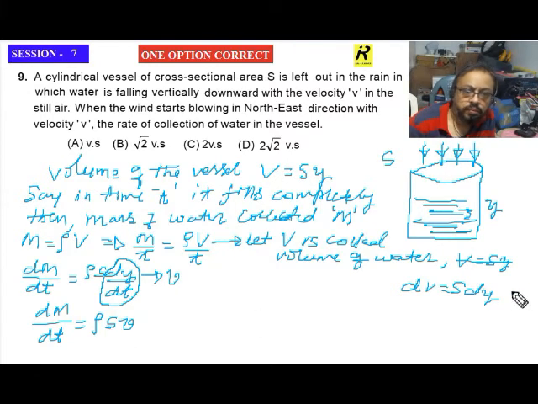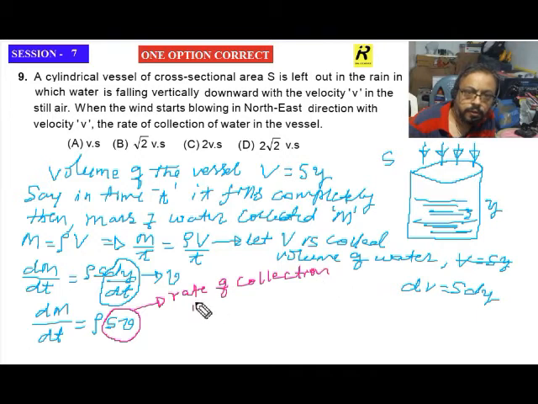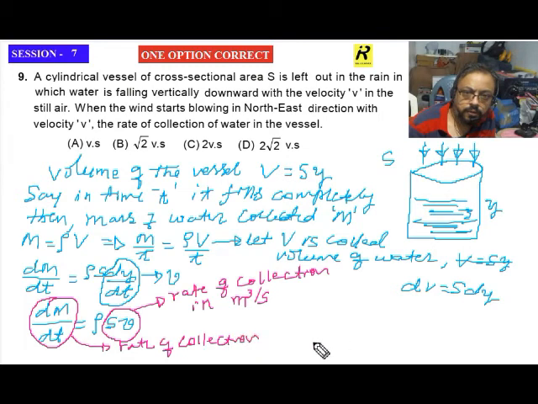So now be careful. This particular thing is the rate of collection in cubic meter per unit time, say per second, and this is the rate of collection in kg per second.